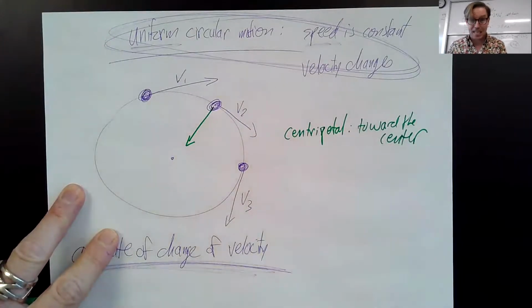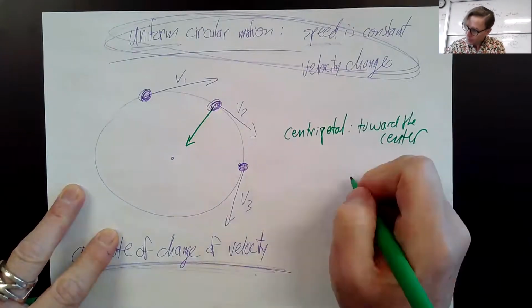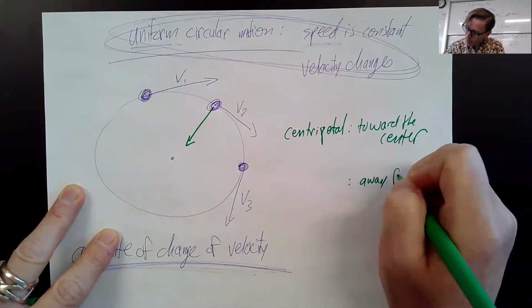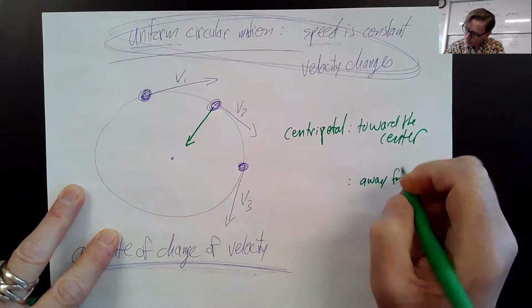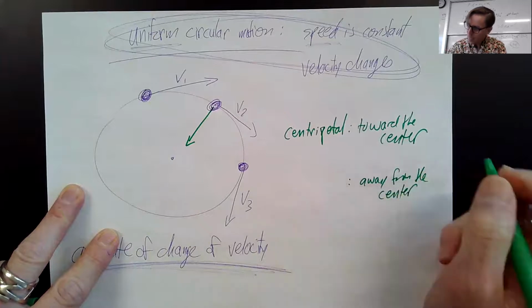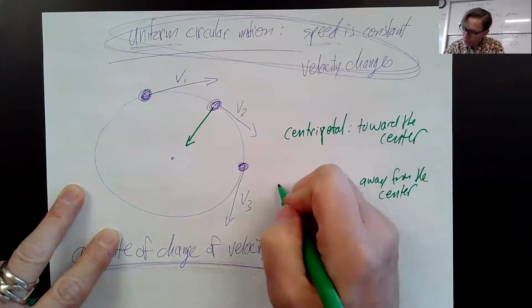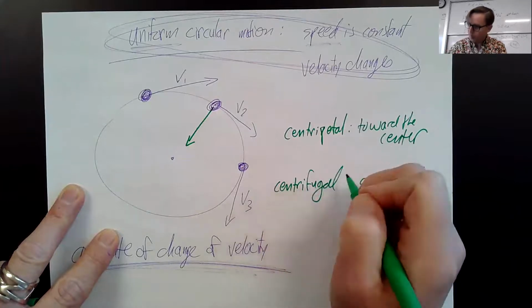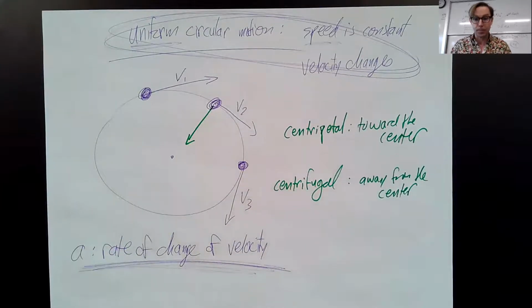Centripetal has an antonym, meaning the opposite. So there is a word that means away from the center. And that word is centrifugal.